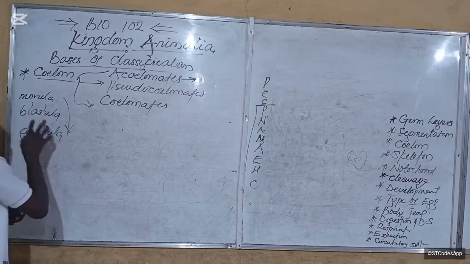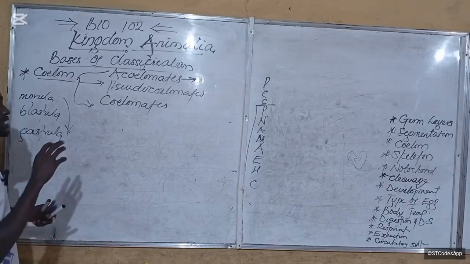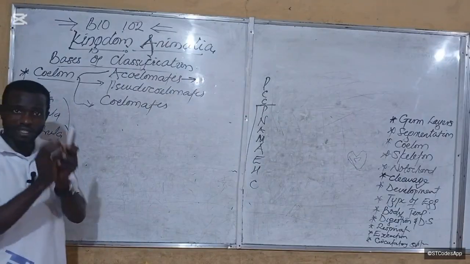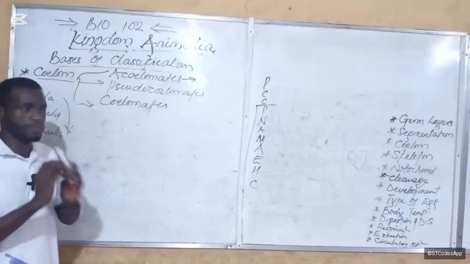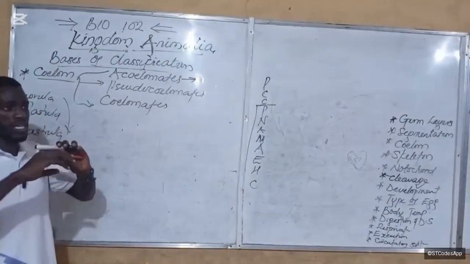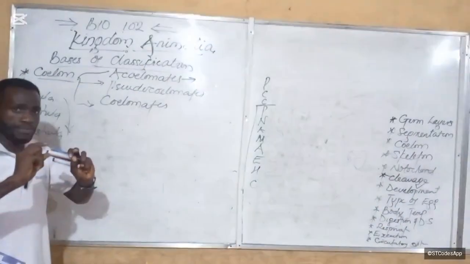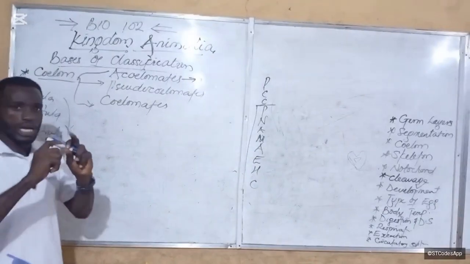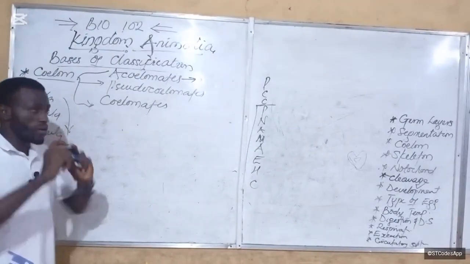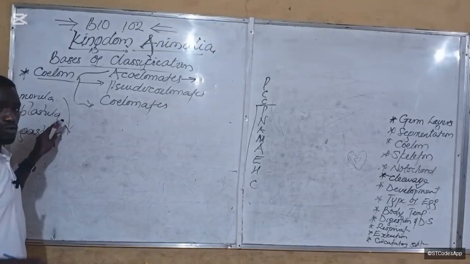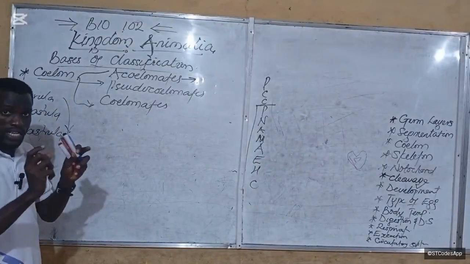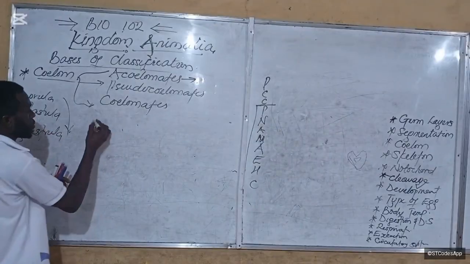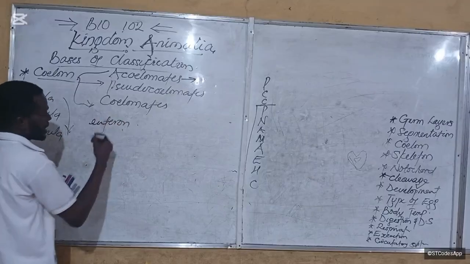Is that clear? These embryonic stages are basically aggregates of cells. Those aggregates of cells begin to form into shape. First, they form a spherical shape, and then they begin to form what is called an enteron.